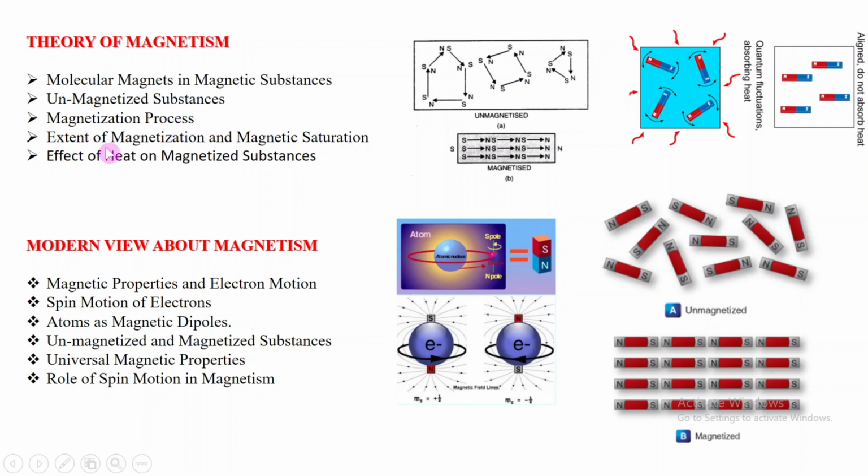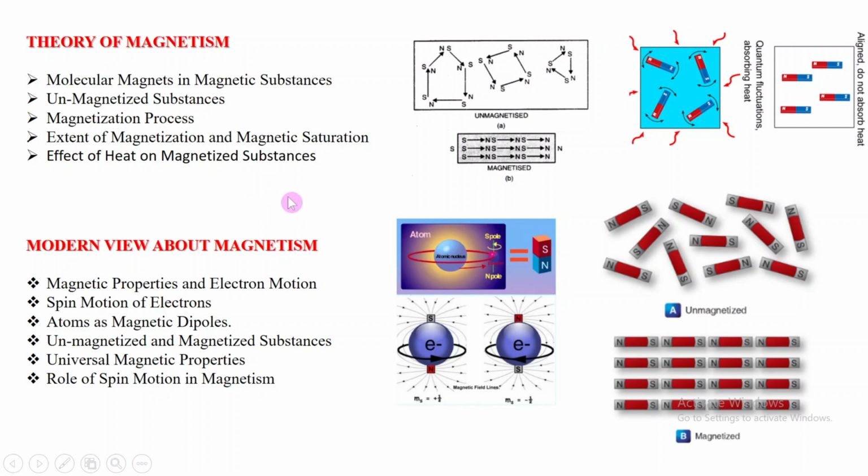If we provide a more intense external magnetic field, all the molecular magnets will arrange fully towards the external magnetic field. We call that magnetic saturation.